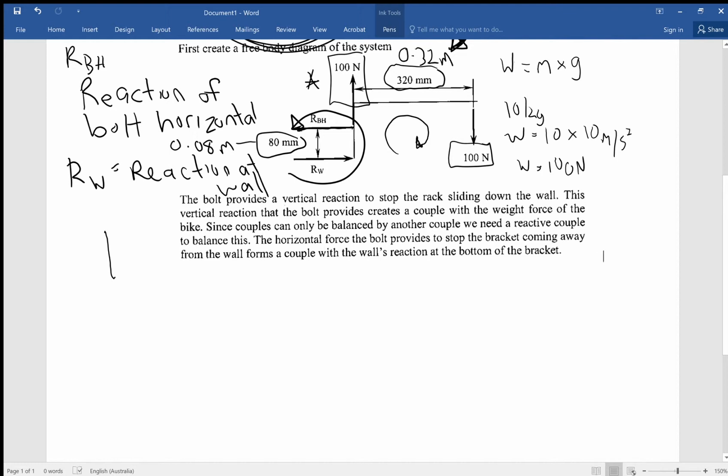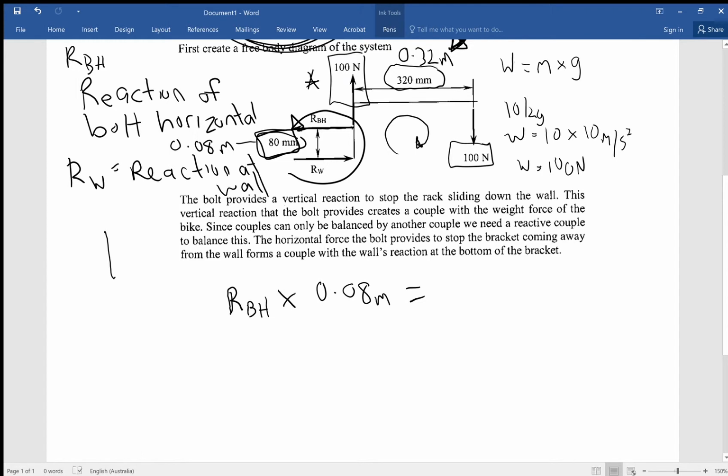So let's work out what our forces are now at the wall, the reaction at the bolt horizontal. We don't know it yet, but we do know that if we take our reaction of the bolt horizontal and multiply it by our distance, which is 0.08 meters, which is this distance here, that's a couple, that's the reactive couple. And we said that the couple has to balance the other couple.